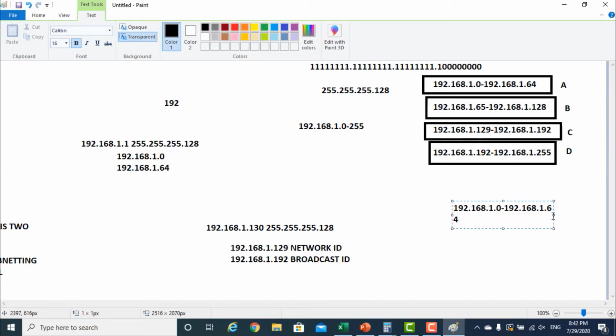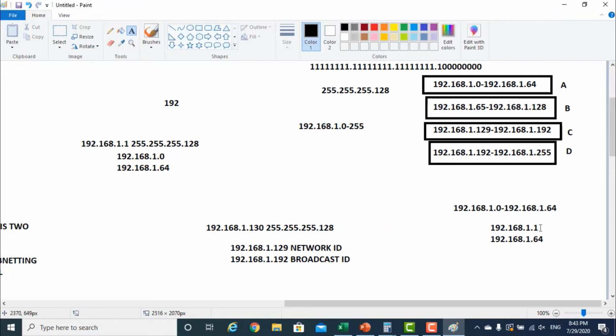So my computer will know that if my IP is in this range, 192.168, this computer will only communicate till the 192.168.1.64 IP address. My computer internally knows that I can only communicate if this is my IP, subnet mask .128 and this is my IP .1.